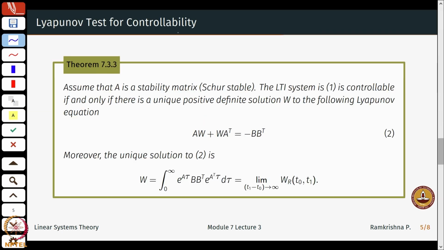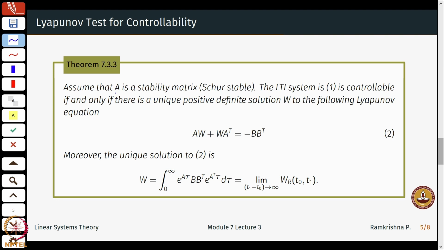Okay. So, the next theorem will try to find a relation between the Lyapunov test or the Lyapunov stability proofs that we did, and controllability. Is there a relation between controllability and stability? The first result in that direction is the following.